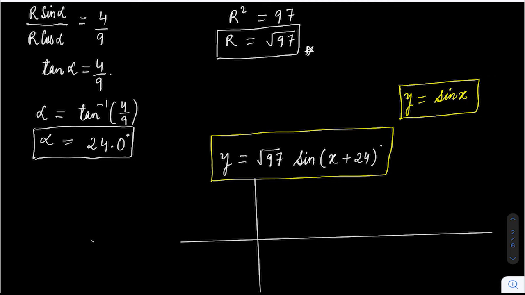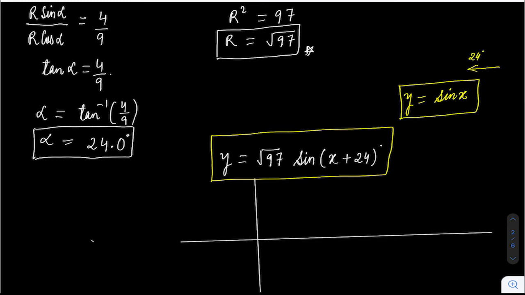So first thing you will notice is we have to translate the graph by 24 degrees in the negative x direction.